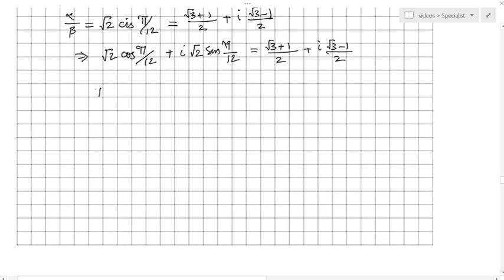Again, you need to write equating imaginary parts.